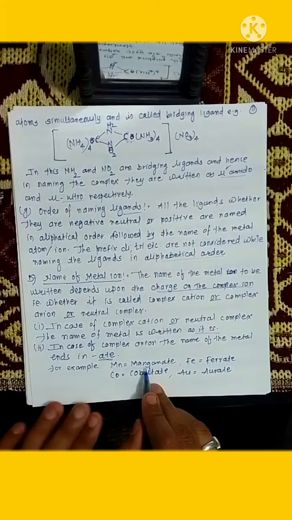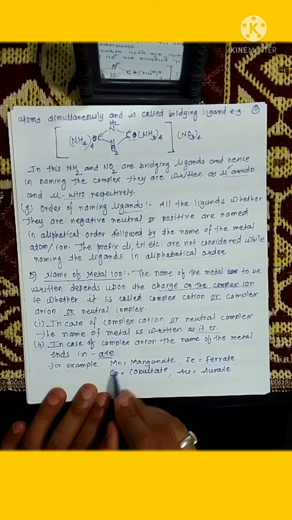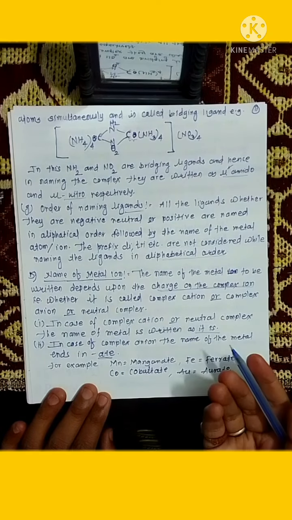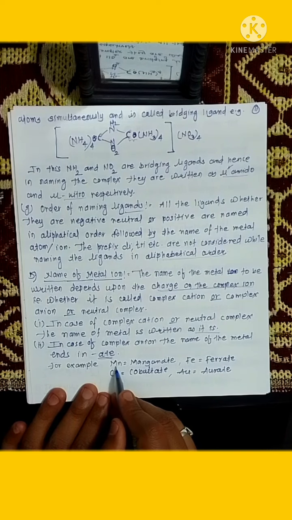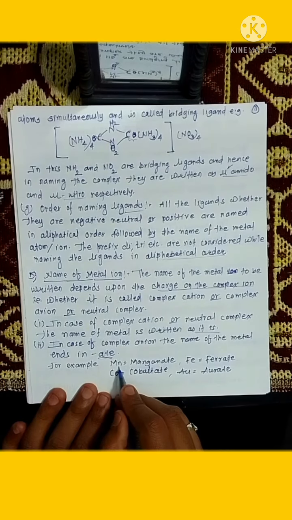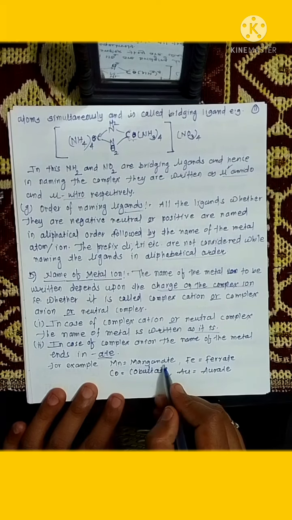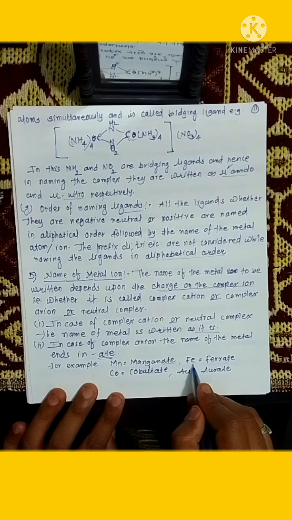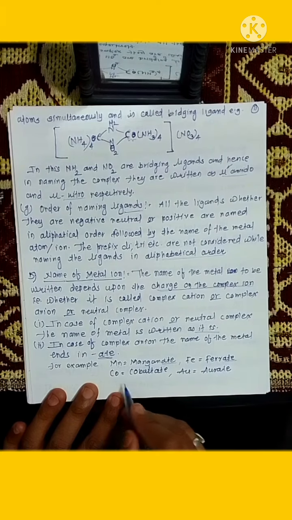Just see, if a complex has an overall negative charge, it is an example of a complex anion. And if the central metal atom is manganese, then manganese cannot be written as manganese, it is written as manganate. Fe is written as ferrate.